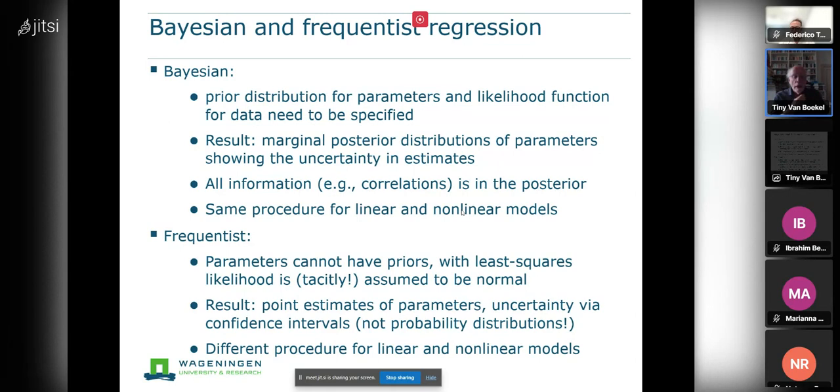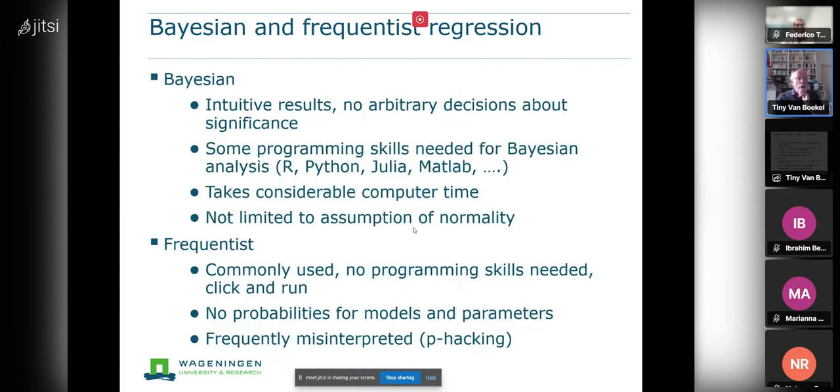And very, very importantly for frequentist regression, there is a different procedure for linear and nonlinear models because the way it is calculated is much different from the Bayesian world. So linear models can be derived exactly by mathematical procedures, but nonlinear models need approximations. But again, there's no time to explain that. I just want you to be aware of that.